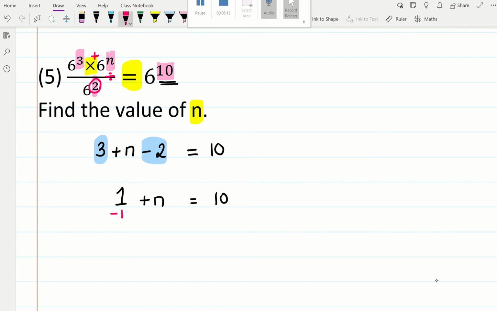Take away 1, take away 1, so n equals 9, 10 minus 1. And I found the value of n. Usually in the exam paper, they will give you something that looks like this. N equals ... and you need to write there 9.